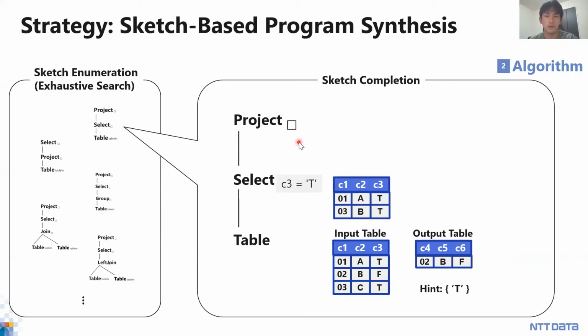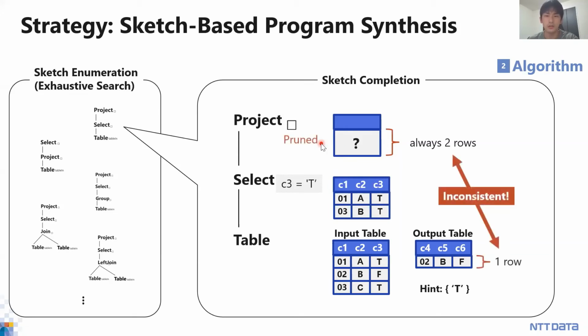But before we fill the square with the concrete projected columns, we can infer the output table always have 2 rows because the project operation does not change row count. Producing 2 rows is inconsistent with the fact that output table has a single row. Thus, this filling is invalid, and we don't need to search projected columns anymore. This kind of pruning is a major advantage of a sketch-based synthesis.